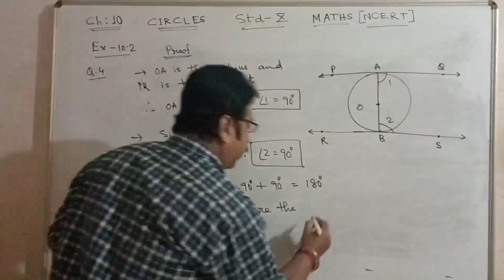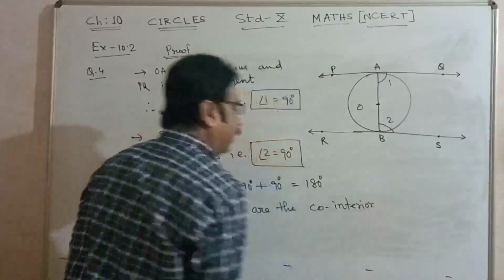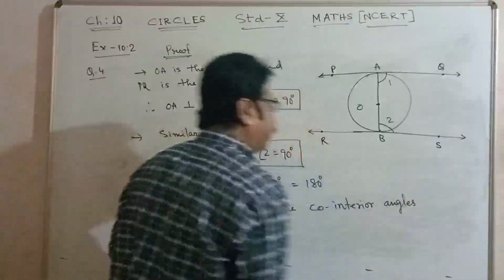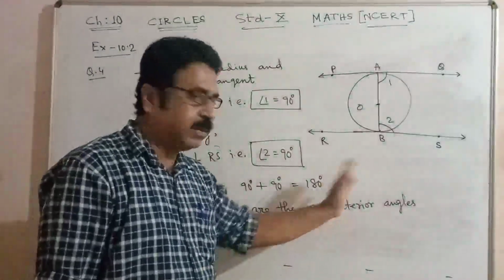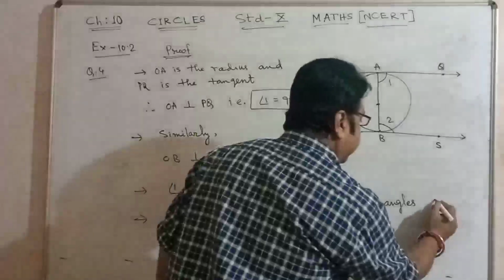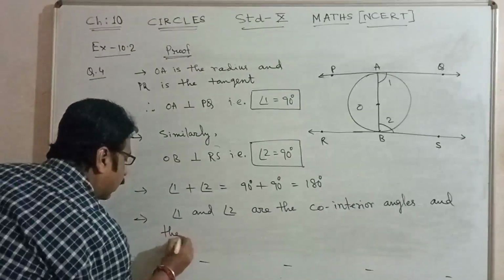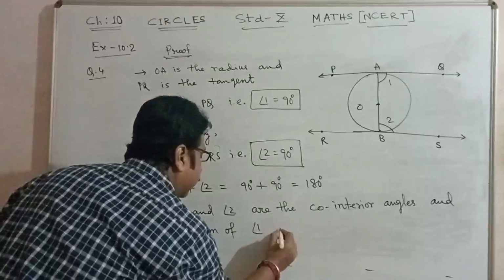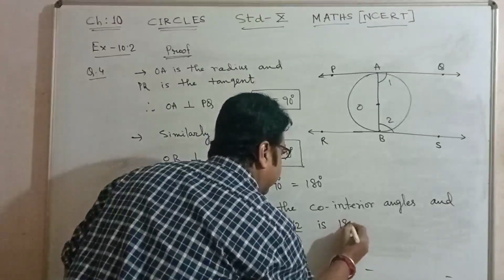Angle 1 and angle 2 are the co-interior angles, and the sum of angle 1 and angle 2 is 180 degree.